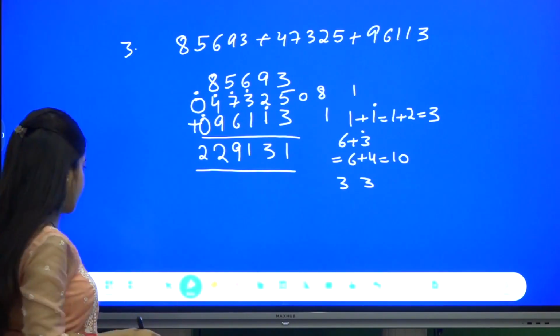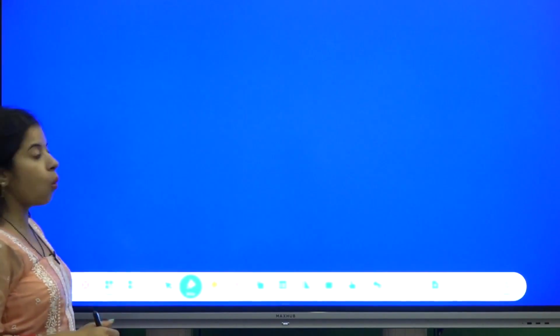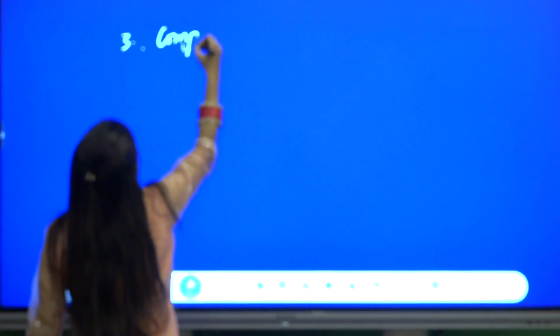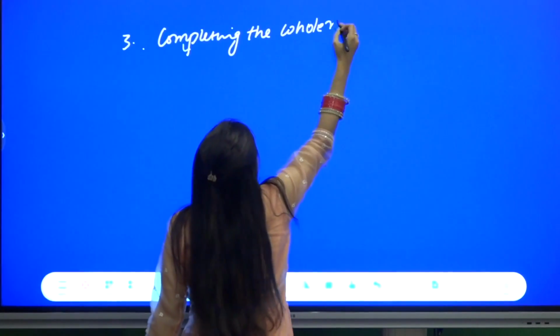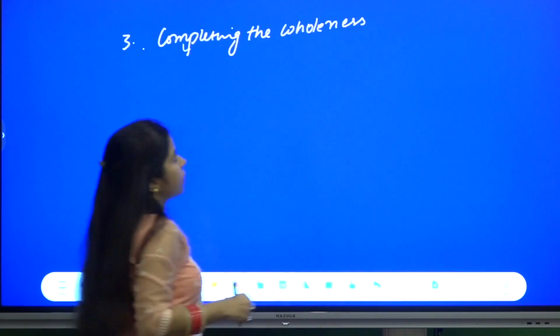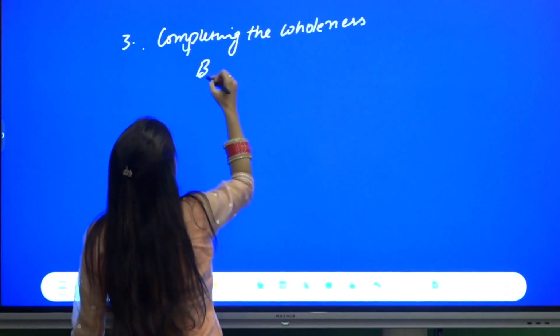Next comes the method of completing the wholeness. Here we are going to use the sutra by the deficiency.